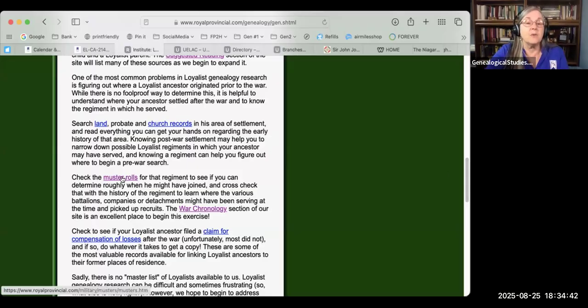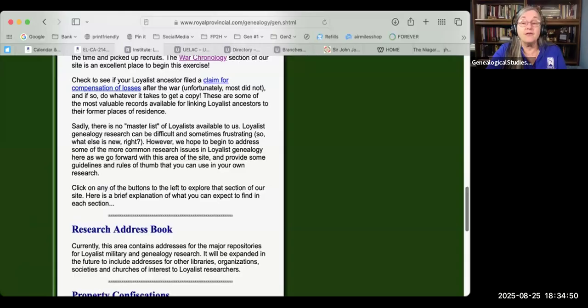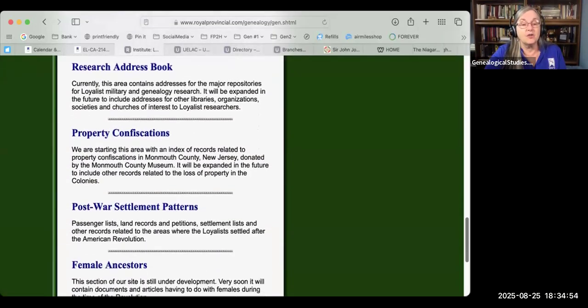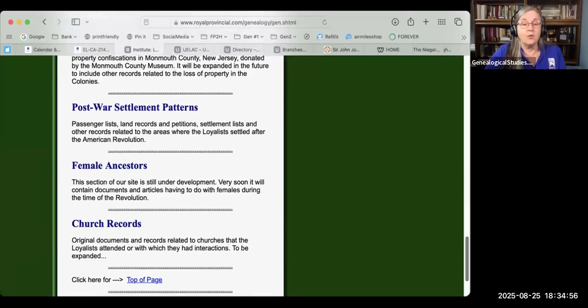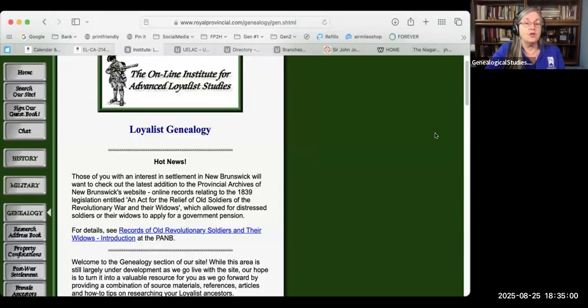War muster rolls, there's a lot on Canadiana. So it's really tracking down where the records are after you establish what regiment they're in. Then you can start to figure out where all the records are. But this could give you clues to help you to find that.